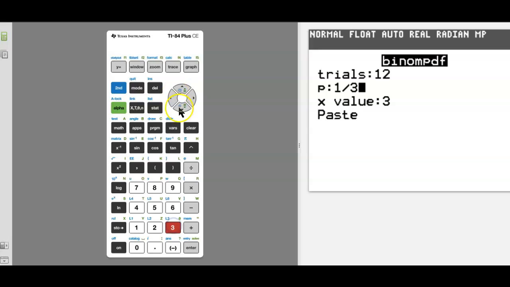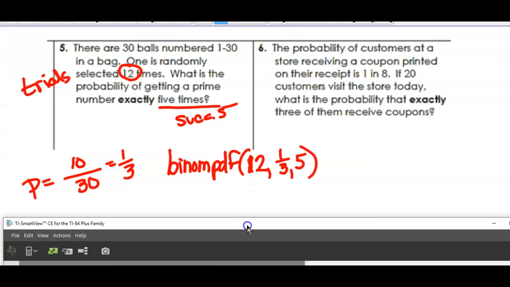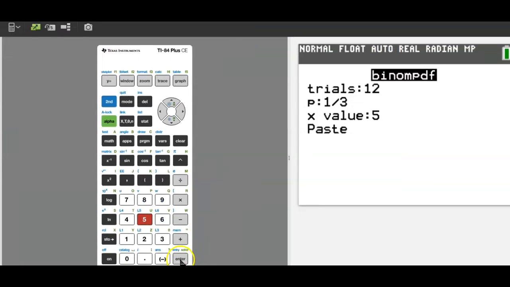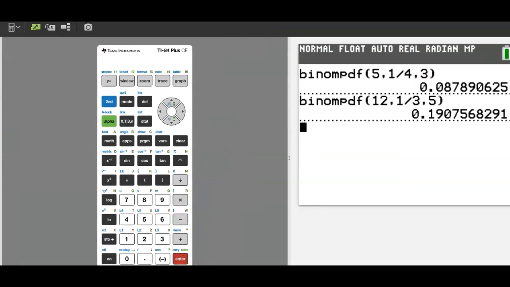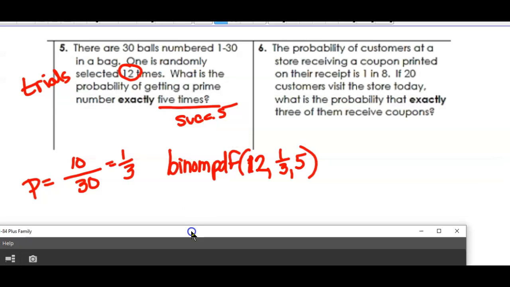Is it 1 in 3? I already forgot. Yes, okay. And so we get 0.191 if we round to 3 places.